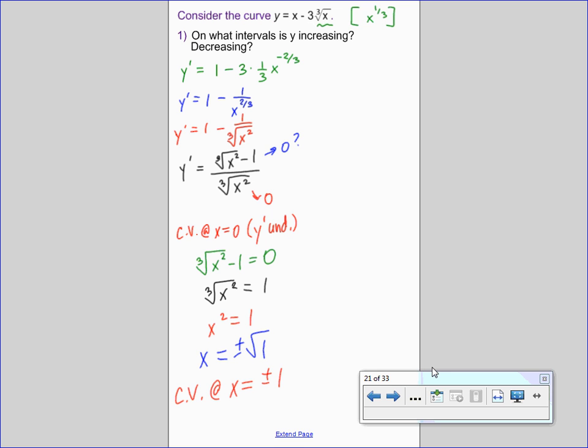All right, so let's go ahead and do our number line. What x values do we need? We need negative 1, 0, and 1. What is a convenient x value on my leftmost subinterval?